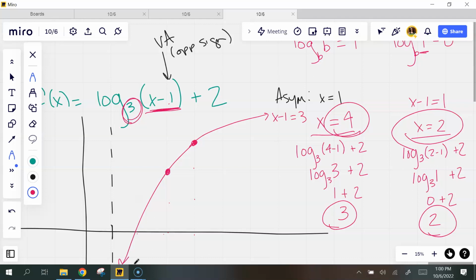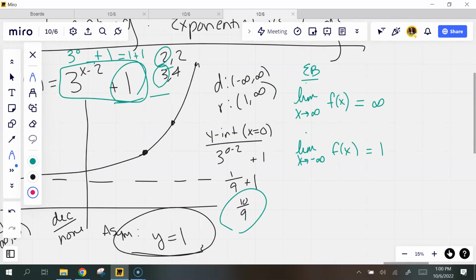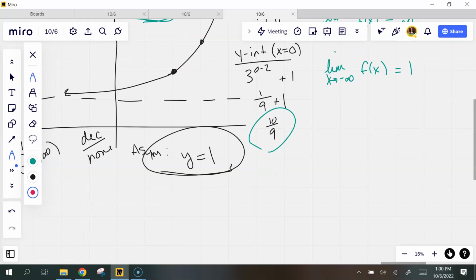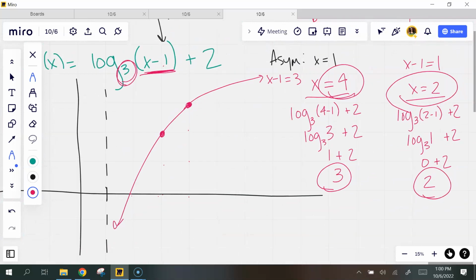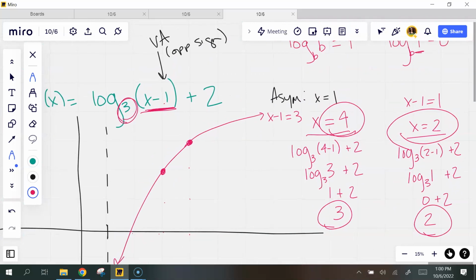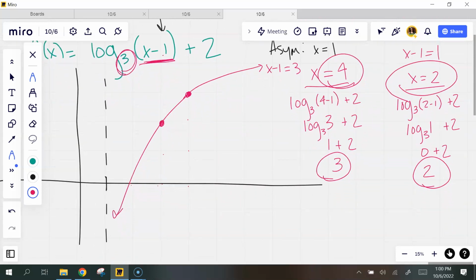The hardest part is figuring out the points to pick. But you notice the difference in how they look. If you took every point on the other and you inverted the x and the y, you'd have the log.